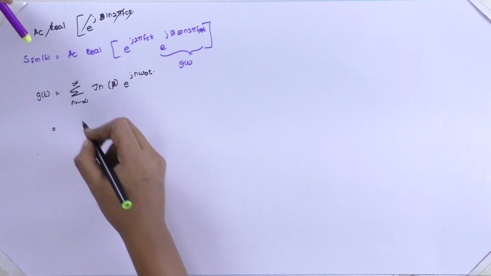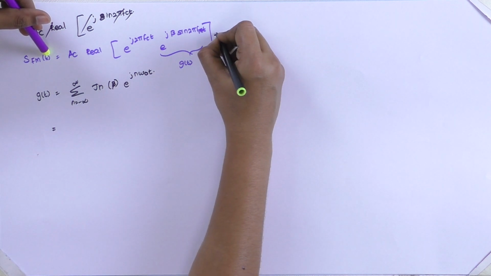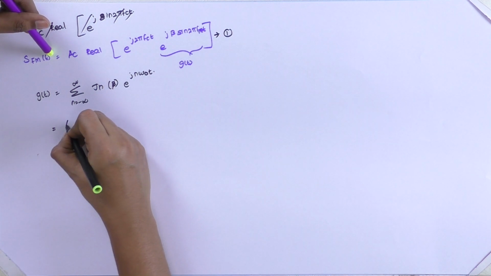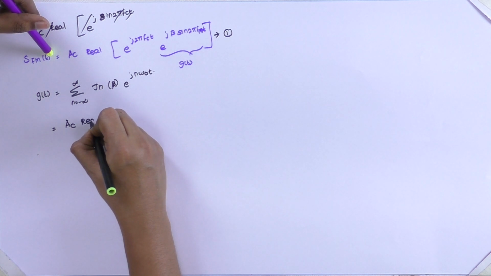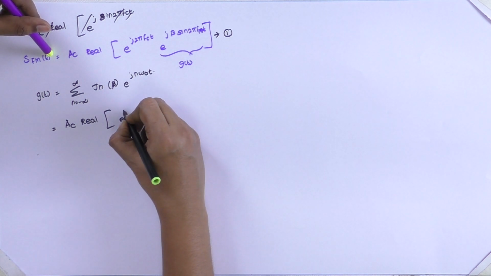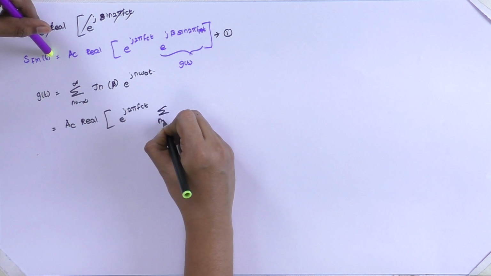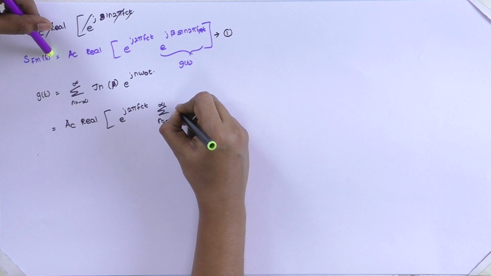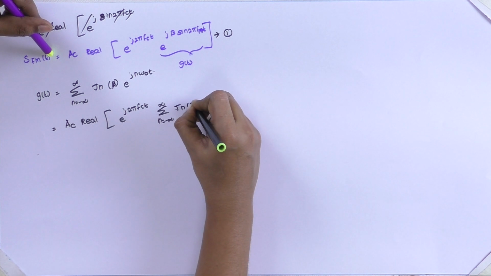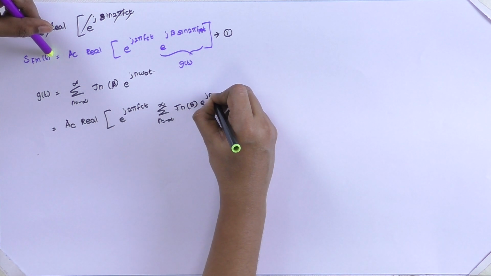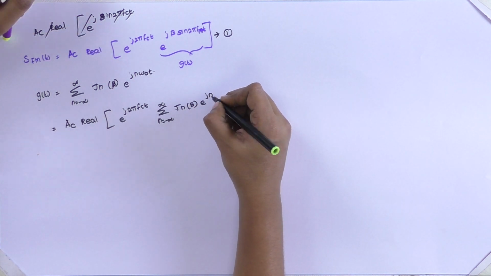Therefore, our S fm of t, this equation number 1, will result as AC real part of e power j 2 pi fct summation over n is equal to minus infinity to plus infinity Jn of beta e power j n omega naught, where omega naught is 2 pi fm.